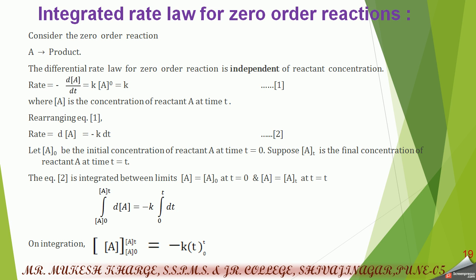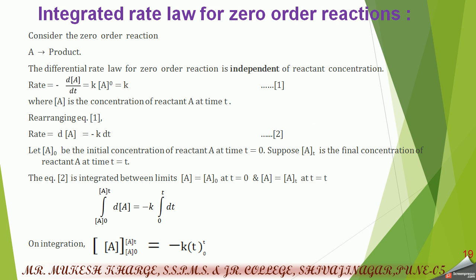Okay, so if we rearrange this equation, it becomes dA is equal to minus k into dt. Now let us suppose that A0 is the initial concentration of reactant A at time t is equal to 0. Suppose that At is the final concentration of reactant A at time t is equal to t.